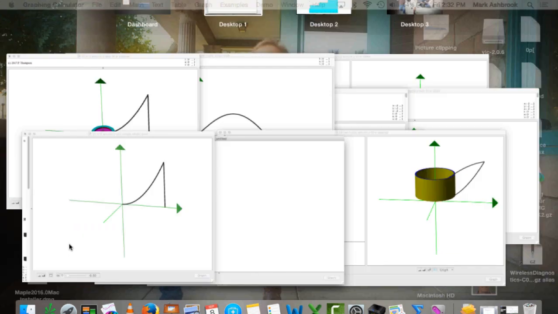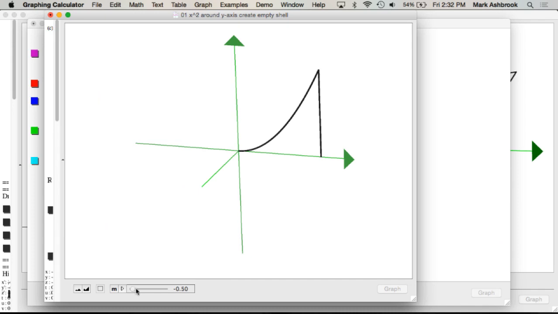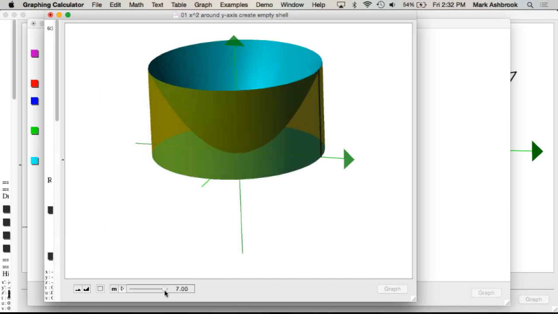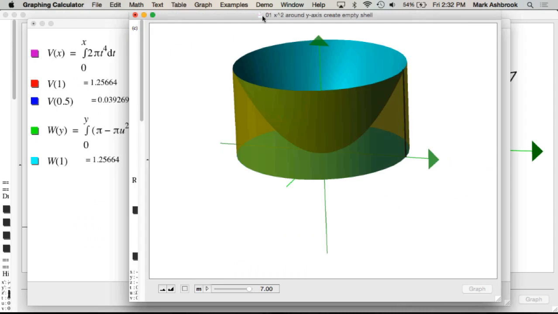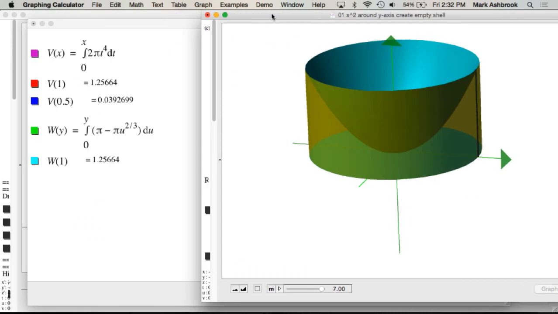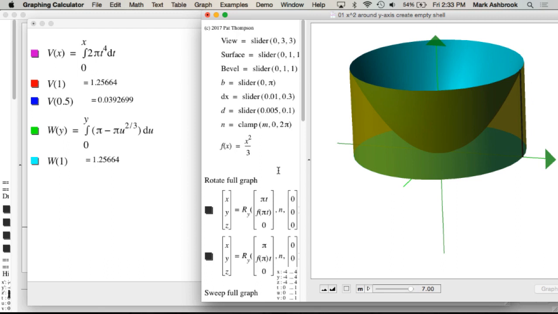This one. So imagine the filled shell. V of a half was this 0.03. What about W of 1/2? Do you imagine that's going to be greater or less than V of 1/2? Why?